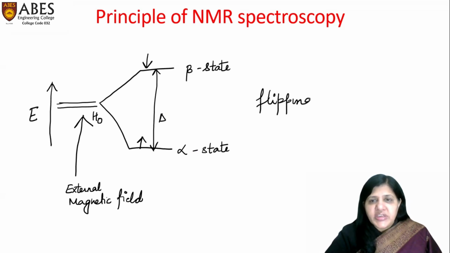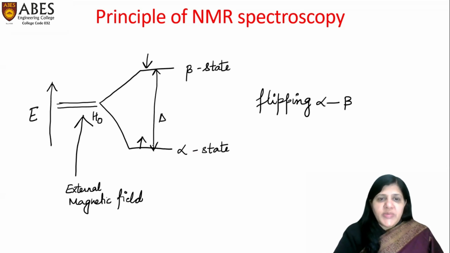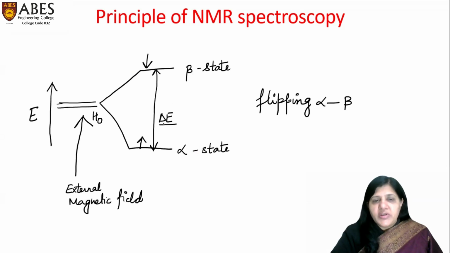This flipping from alpha to beta takes place when these magnetic nuclei absorb the energy. This is delta E, the difference in energy from alpha state to beta state. Magnetic nuclei absorb this amount of energy delta E and flip their state from alpha to beta state. At this very moment when flipping occurs, the NMR spectrum is recorded.